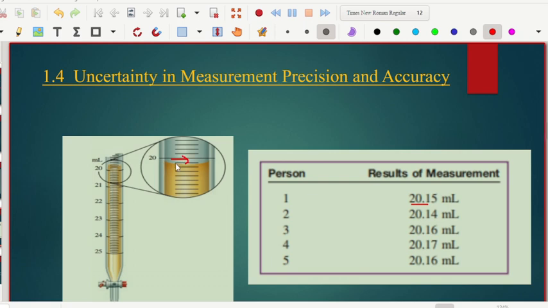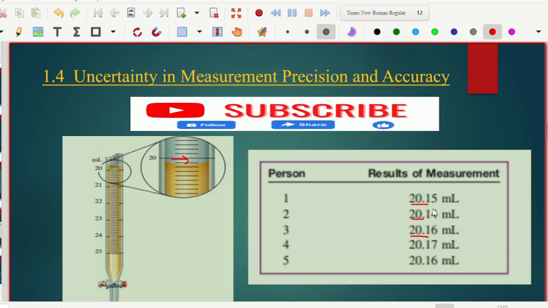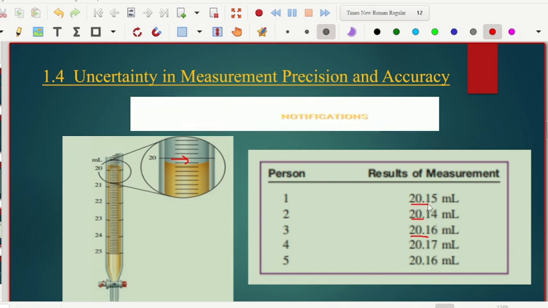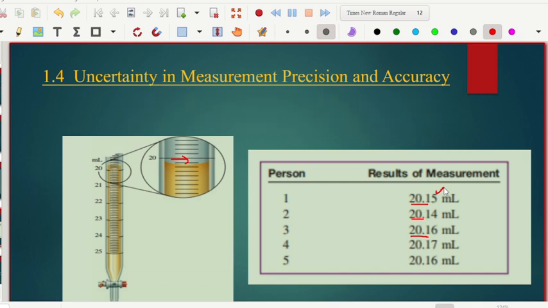But what about here? What are we going to say? Different people will have different readings, but each person will have 20.1, 20.1, but the last numbers will be different. This 20.1 is what we call certainty, because we are certain that everyone has to find this number. But only the last number is uncertain, because it will vary from one person to another.